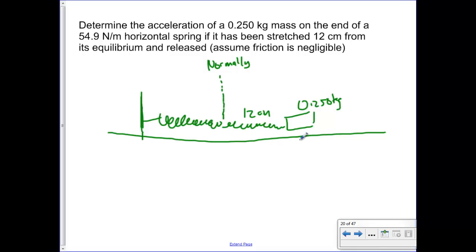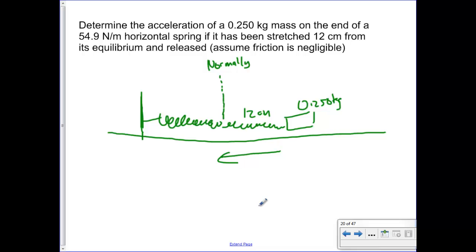We go back this way. The restoring force would make it move this way. So my question for you is, what's the acceleration? How fast will it be accelerating? Because it's going to start at rest, and it's going to all of a sudden start flinging the other way. So you can imagine how this is useful in, say, a bow and arrow. I'm going to pull this thing back like this. The question is, how fast will it accelerate? Does that make sense? Heather.